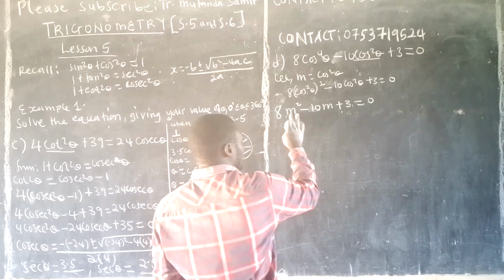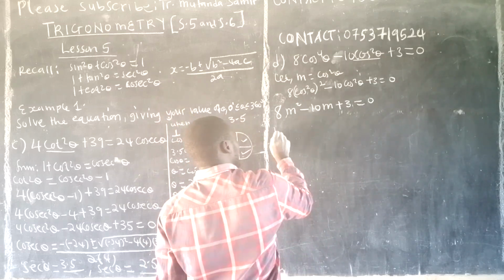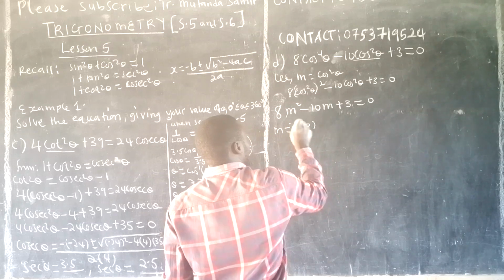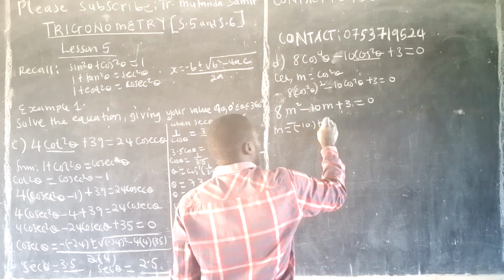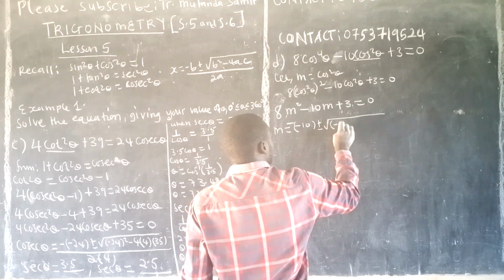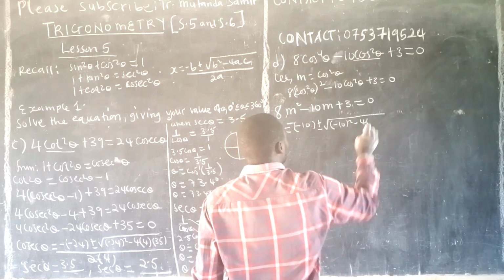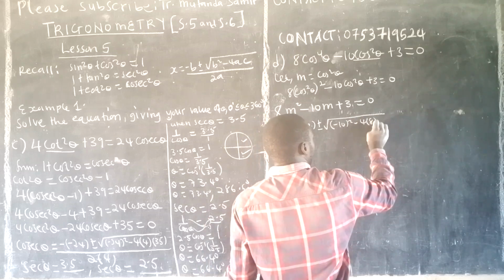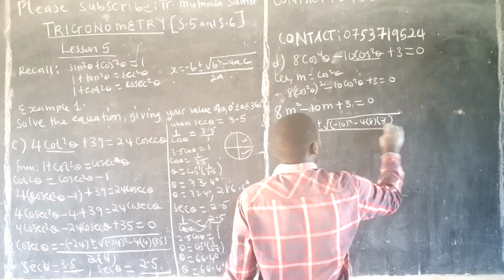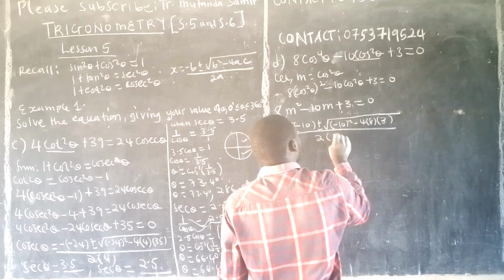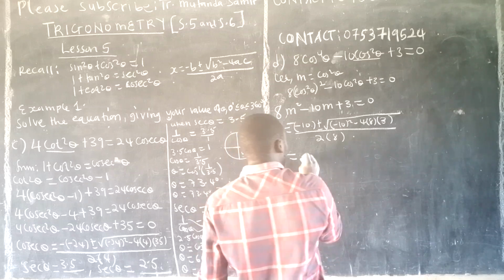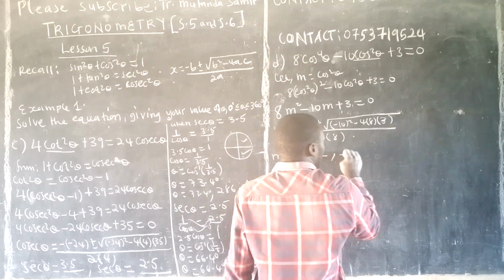Now from here I can use the quadratic formula: m is equal to negative, negative 10, plus or minus the square root of negative 10 squared minus 4 into 8 into 3, all over 2 into 8. Our aim is to get m equal to a certain value, comma, m equal to another value.